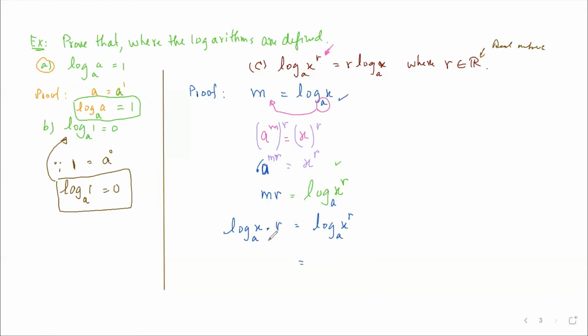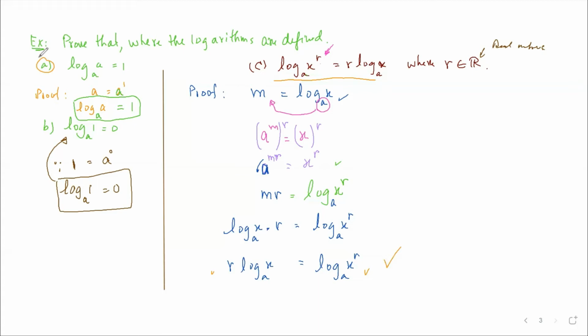So I can write it as r log x base a equal to log x power r base a. So this one is the same, then we have proved it already. Log x power r base a is exactly the same as r log x base a, this side. So now this one is proved.